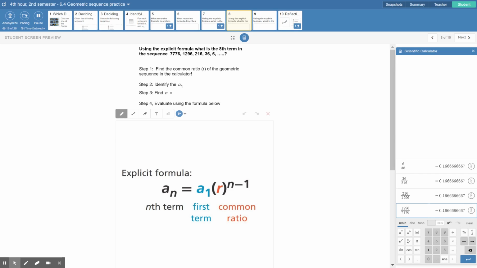I recommend just making it a fraction when it's a repeating. So our R is going to be 1 over 6. It says identify the a sub 1, the first number of the term.